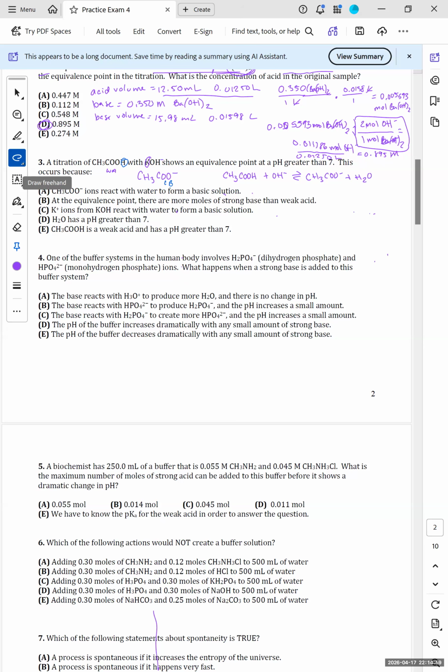In a weak acid, strong base titration, at equivalence the acetic acid has been turned into its acetate. Acetate is the conjugate base of a weak acid, so it reacts with the water to make hydroxide. And so that's why the solution is basic and the pH is above 7, because this is what we're seeing.